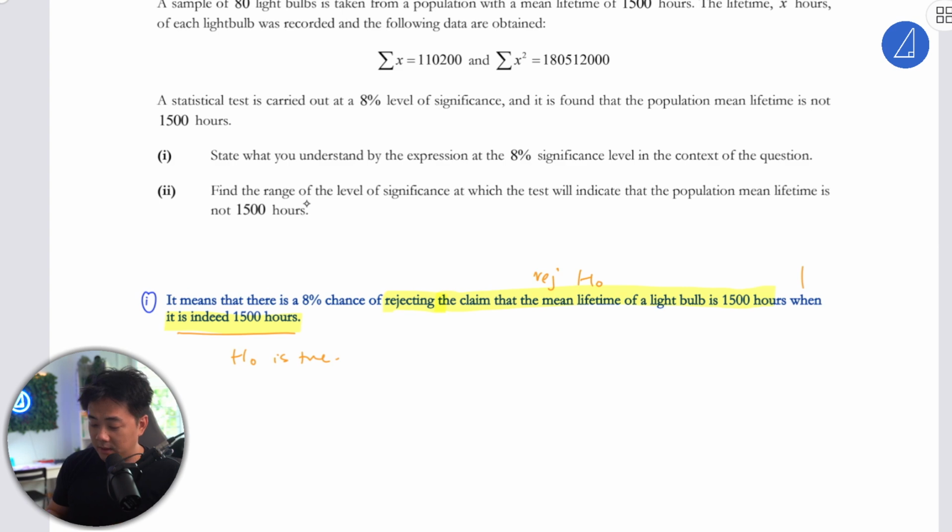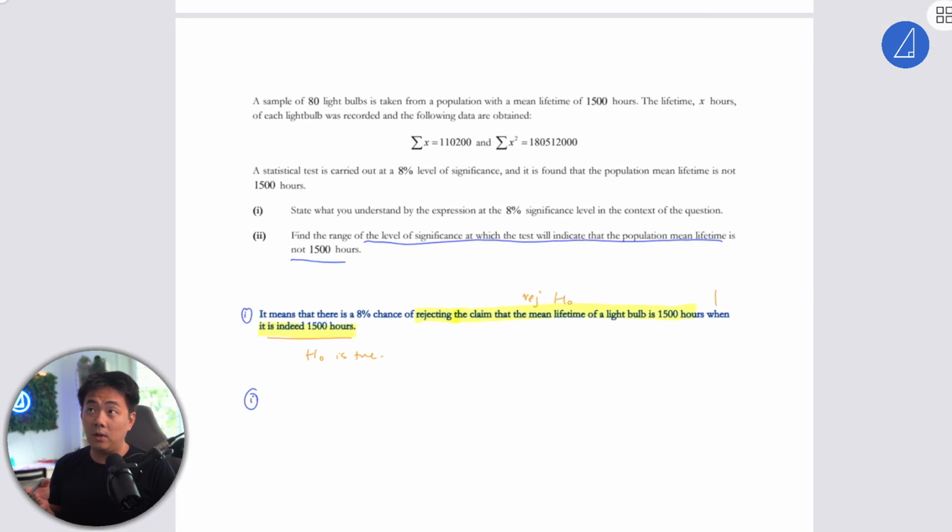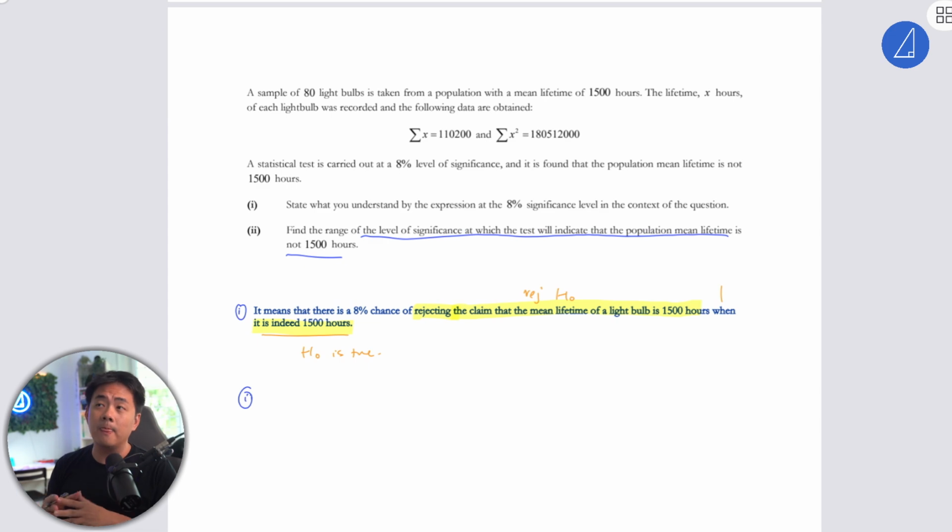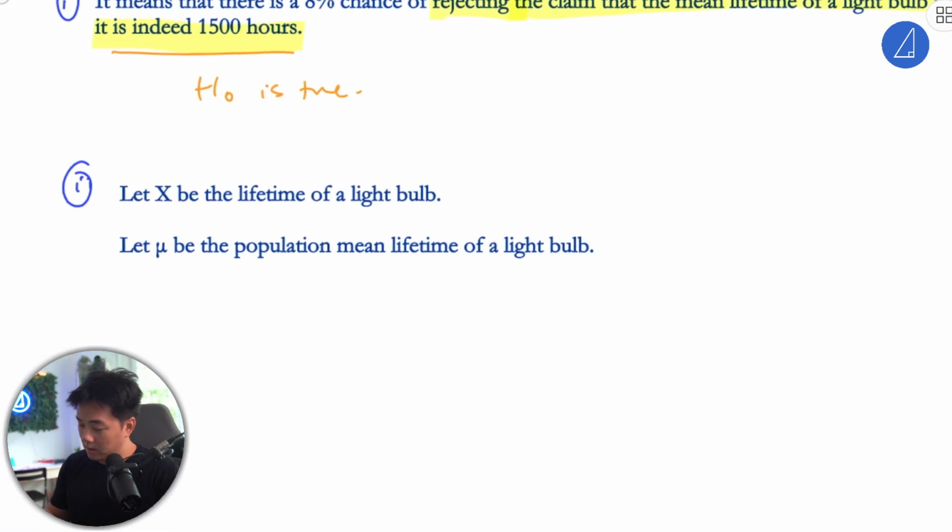Find the range of level of significance at which the test will indicate the population mean lifetime is not 1,500. In this case, you need to use CLT because they did not say that the population is normally distributed. But the good thing is you have 80 light bulbs. So by the central limit theorem, the sample mean will be approximately normal. So write it down.